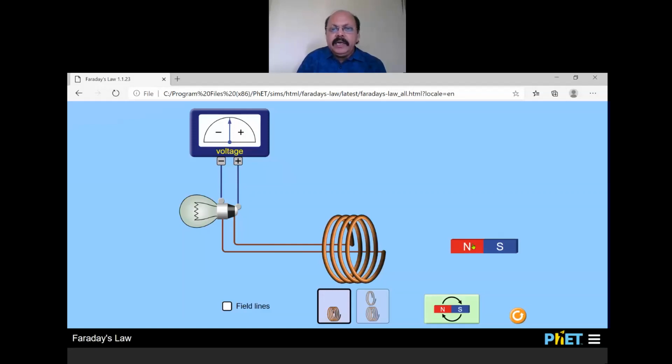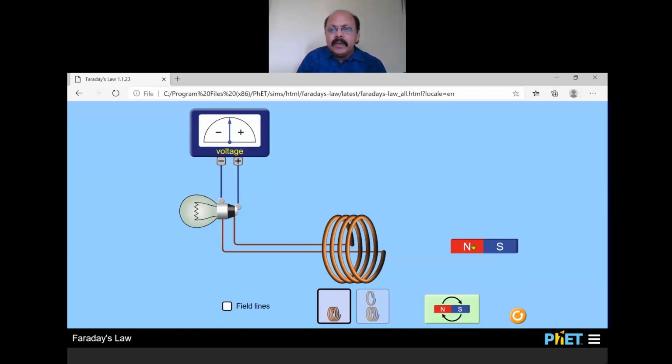Again, this indicates that a current is induced in the coil. If coil and magnet are both stationary, then there is no deflection. It means the induced current in the coil lasts so long as the magnet is in motion.